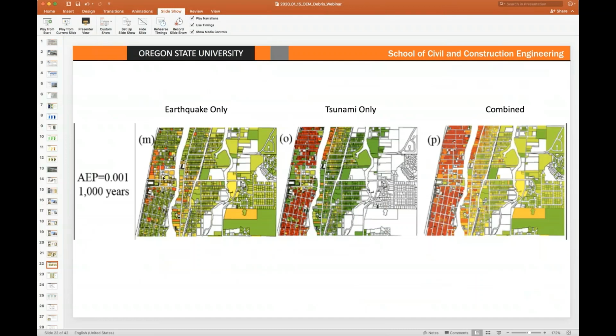We can repeat the same exercise with earthquakes, so that's shown on the left, and we see a little bit of an opposite trend where the concrete buildings are more heavily affected and the wood buildings are less affected. The tsunami that we just talked about, and then we can combine the two to look at the likelihood and the extent of the damages that we would see from each event, going from 100-year, 500-year, 1,000-year, and so on.